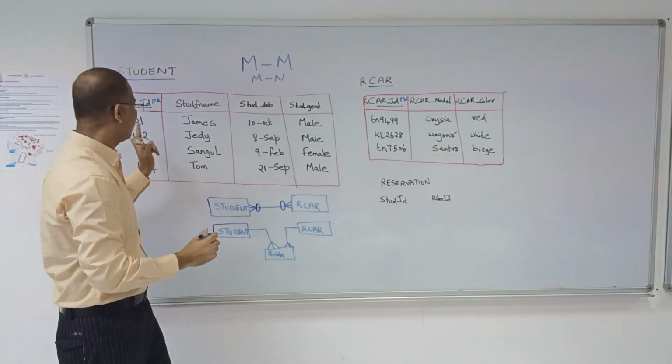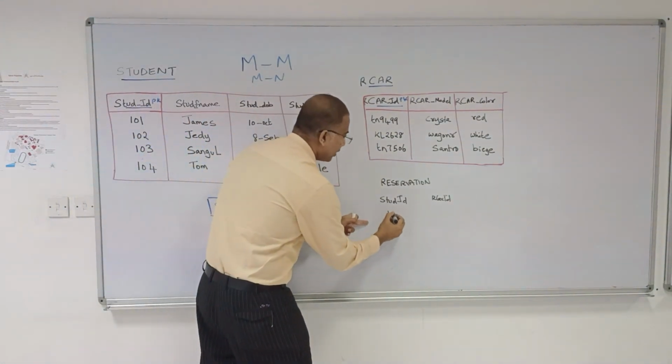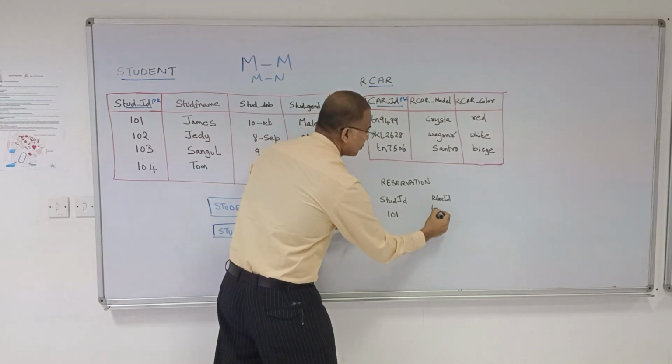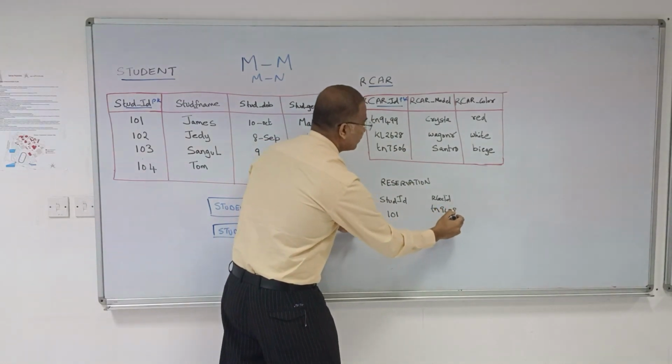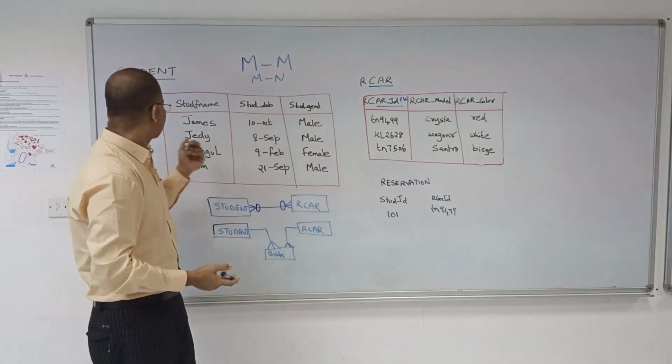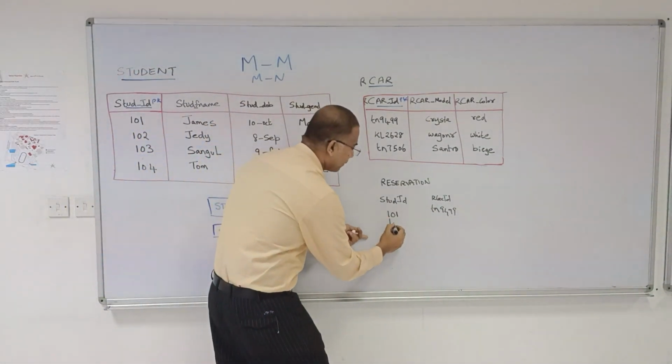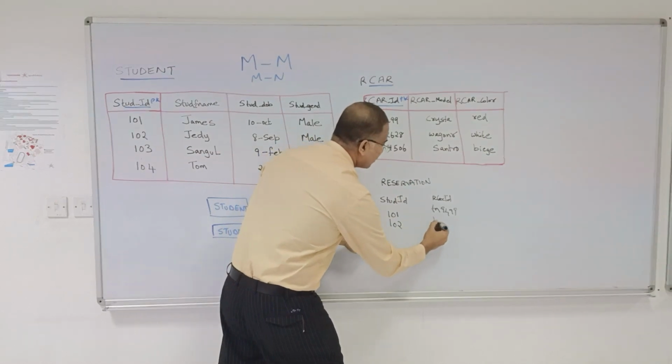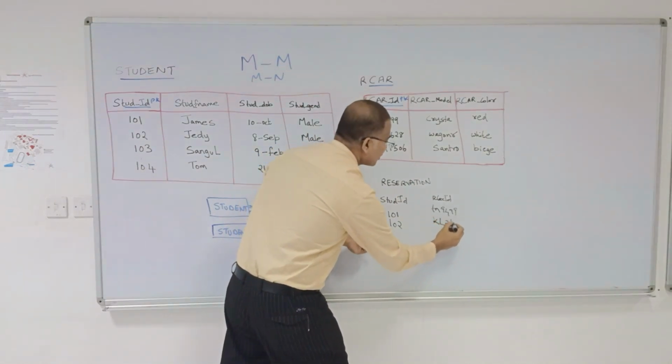So the student ID 101 may rent the car TN9499 on a date today. The student 102 may rent the car KL2628.